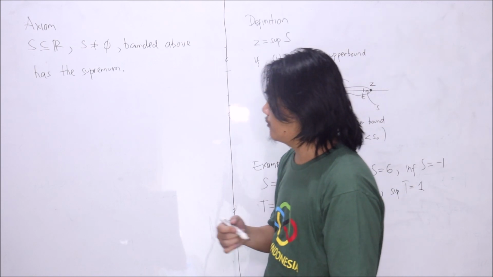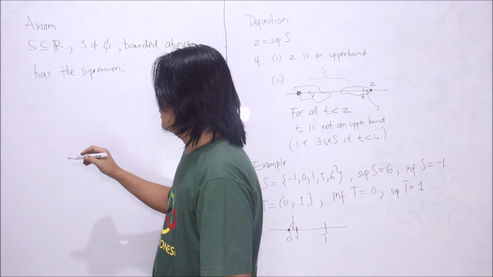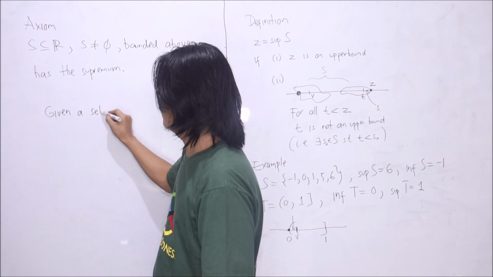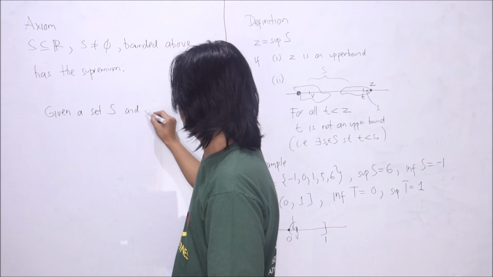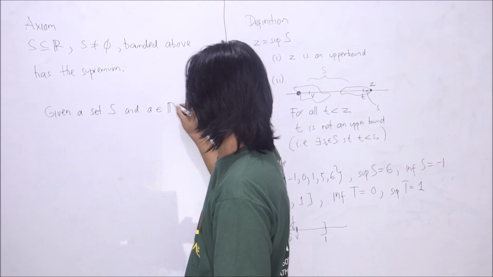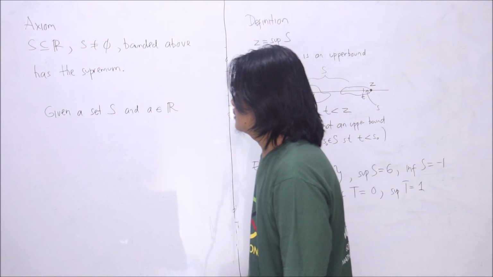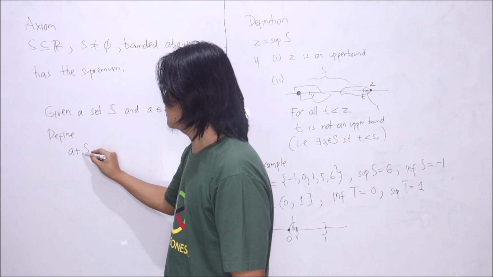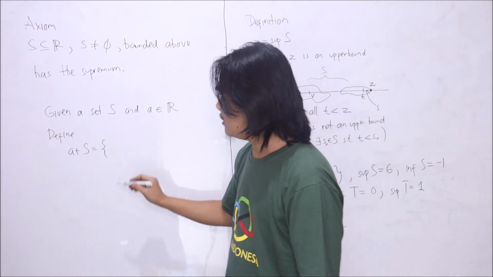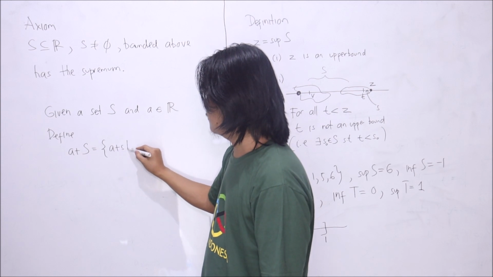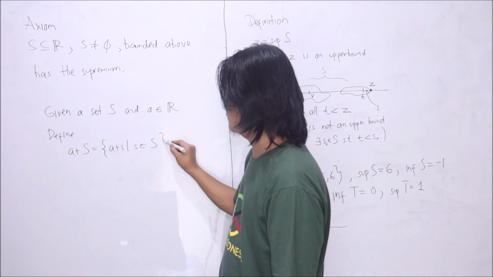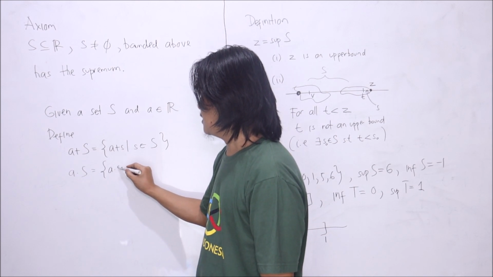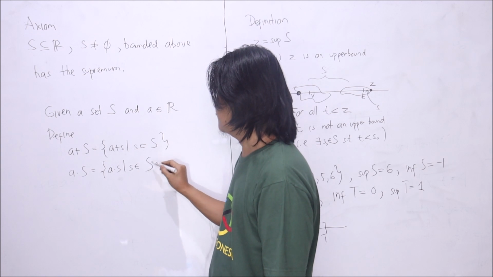So, for example, we can define, given a set S and A in R, A plus S to be the set of all numbers of the form A plus s, where small s belongs to the capital S. And A times S will be the set of A times s, where s belongs to the capital S.